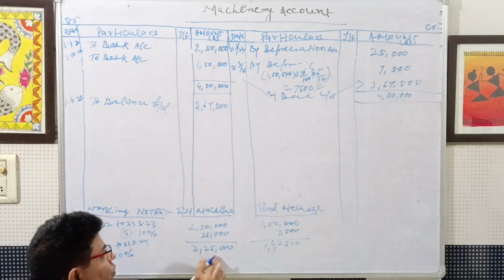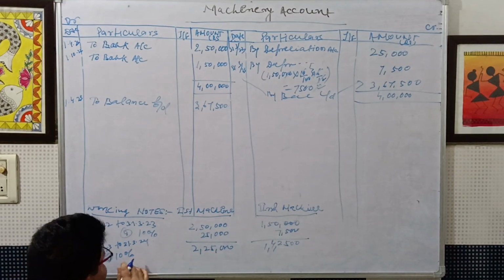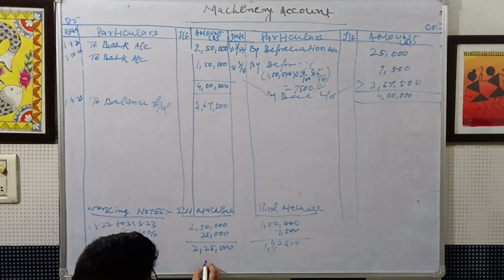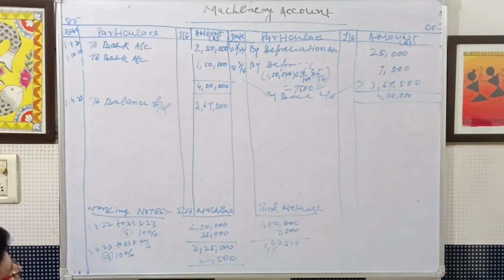So on 2,25,000 at the rate of 10%, how much? 22,500. 22,500 is the depreciation charge in this year. In which year? 23-24.